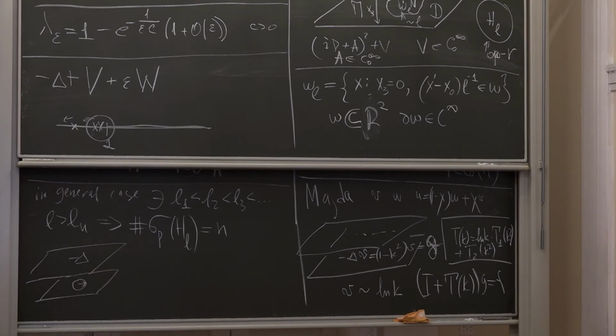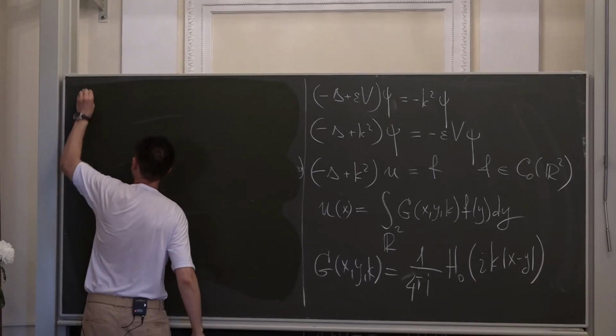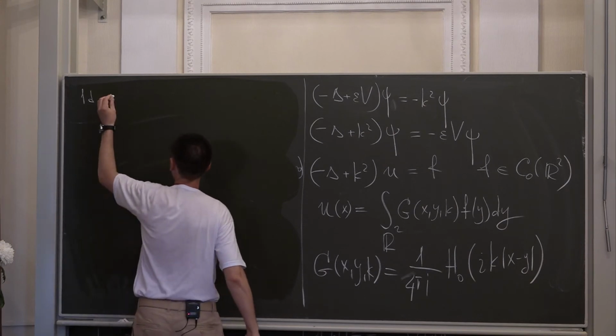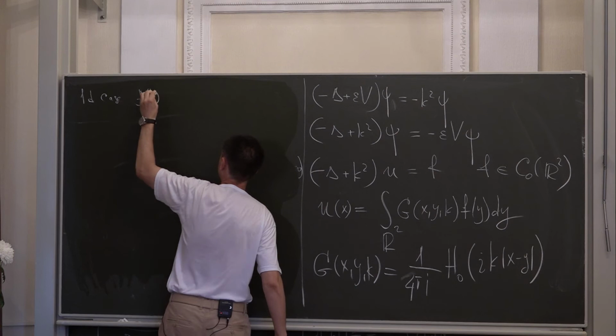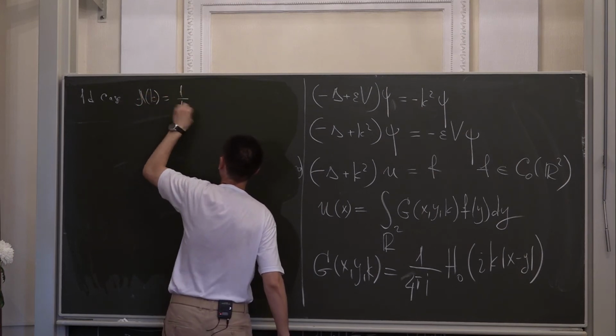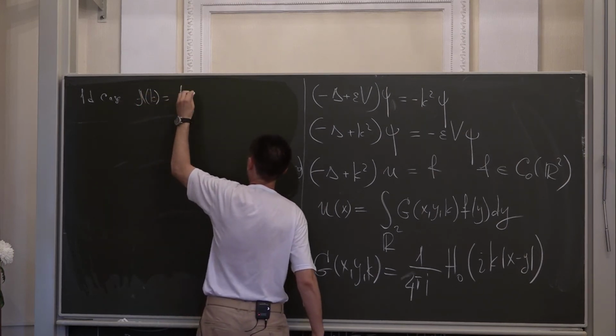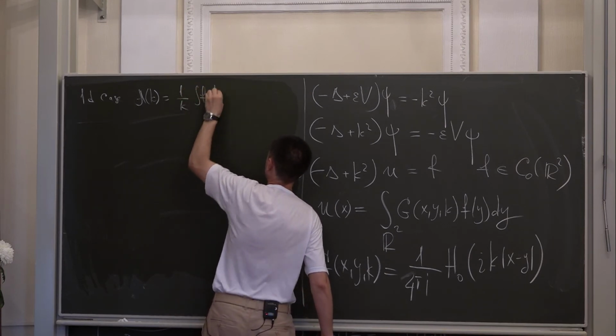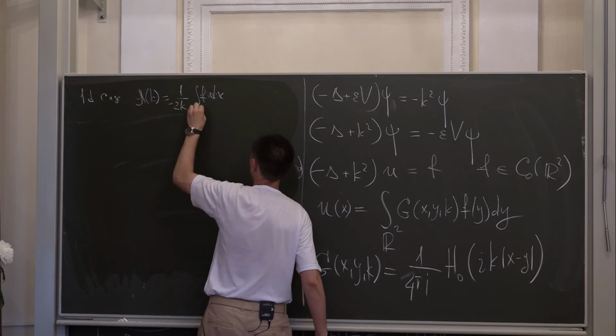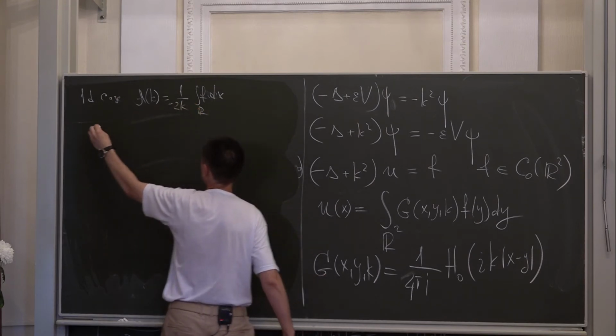So the point is as follows. In the 1D case, as far as you remember, this resolvent behaved like 1 over k. And here I had some functional. It was f dx with minus 2, as far as I remember. It was in the 1D case.